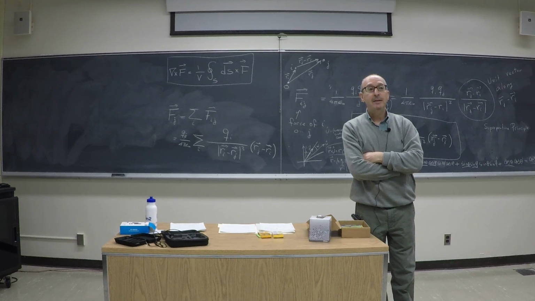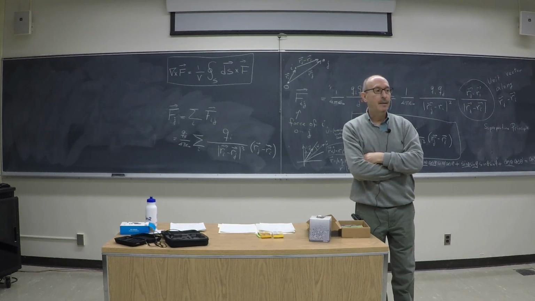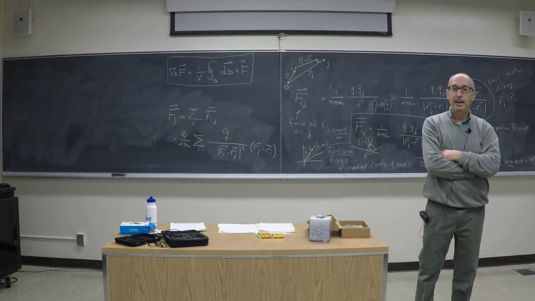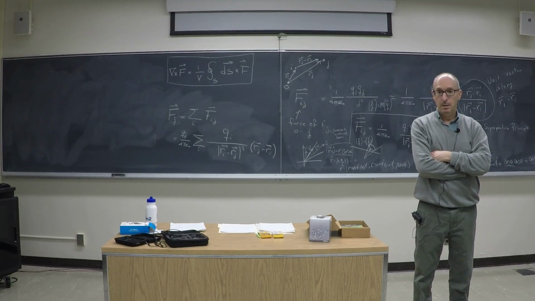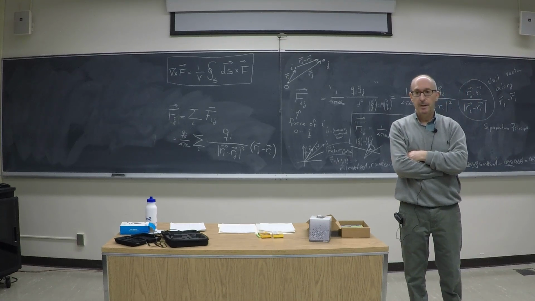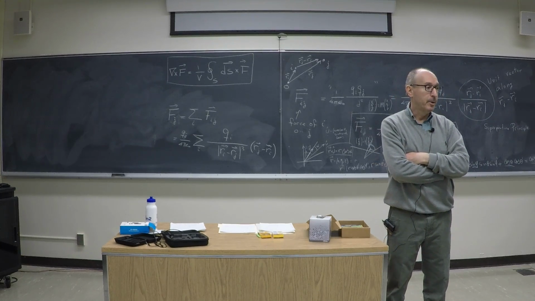Now it turns out there is a theorem that shows that electric particles cannot be in equilibrium simply by electric forces. You cannot arrange a bunch of particles, positive or negative, so that they will be in equilibrium.